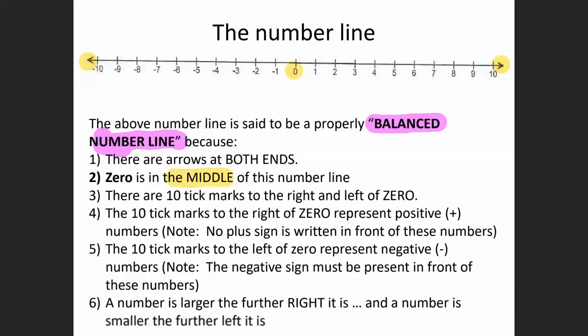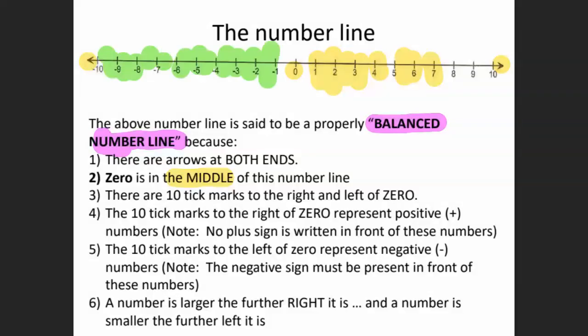Now, to be balanced, you're going to notice that I happen to have, in this case, 10 tick marks to the right, and I have 10 tick marks to the left. Same number of tick marks to the right and left. So a balanced number line has the same number of tick marks on both sides of 0.